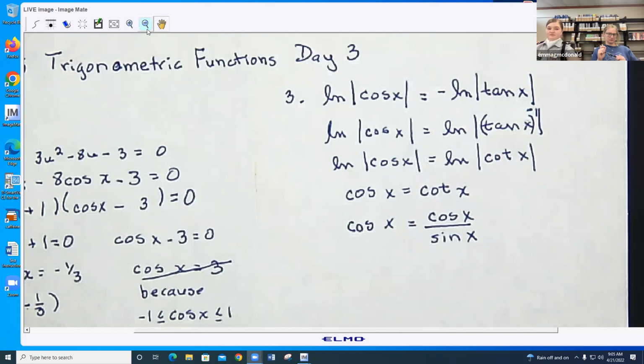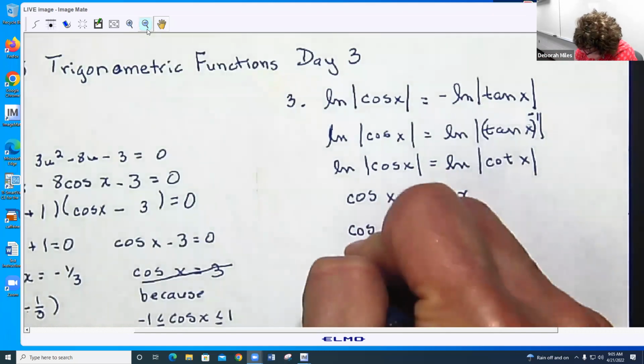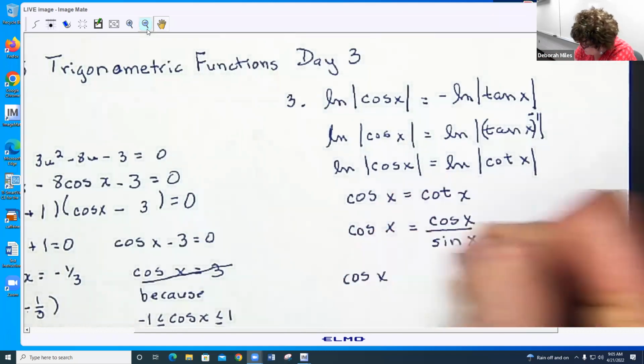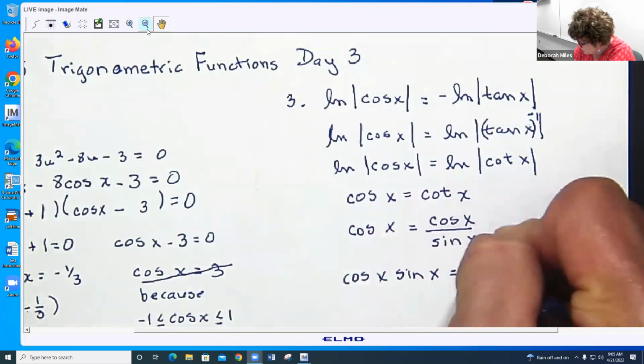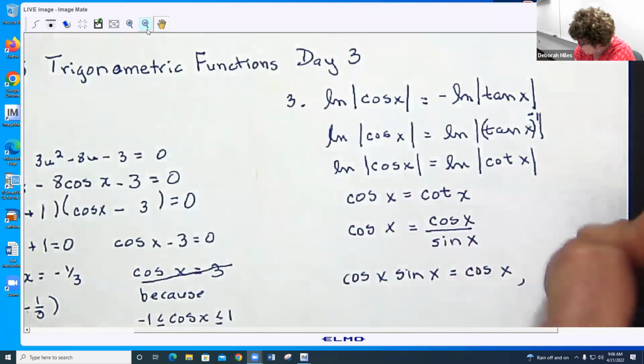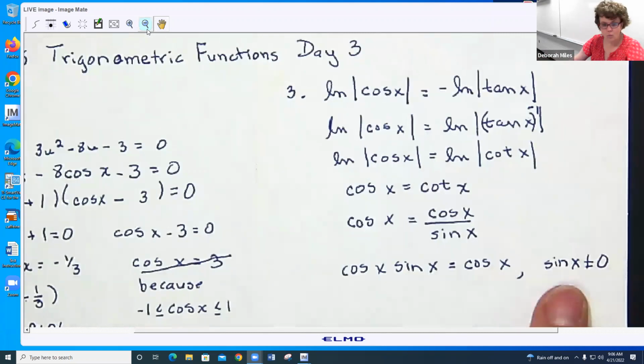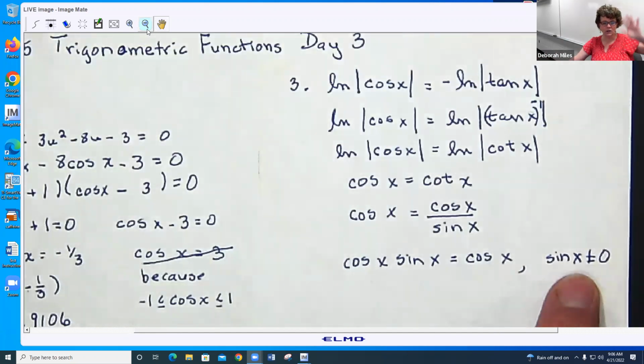You can multiply by sine as long as sine is not zero. The way I would write that down is cosine x sine x equals cosine x as long as sine x is not zero. We will not be able to use 0 or pi as solutions because that's where sine is 0.